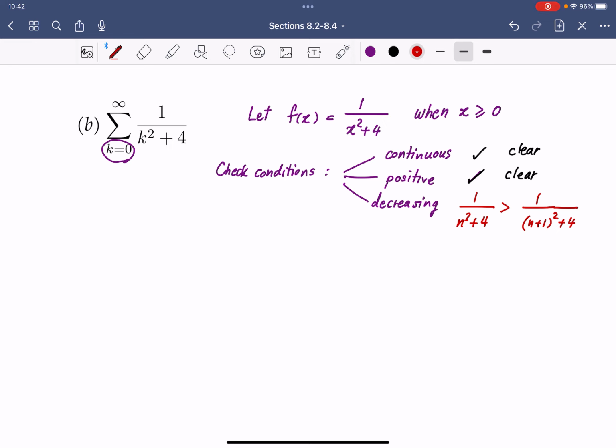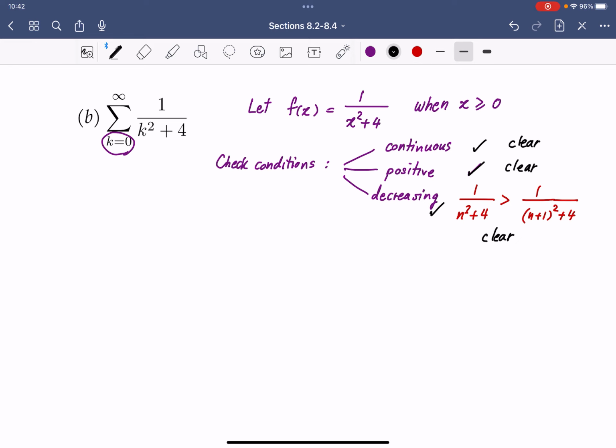Pretty clear actually, because the previous term must be bigger than the next term: you just add more to the denominator, so the function gets smaller and smaller. Does it make sense? Once you check these 3 conditions, it's fine.